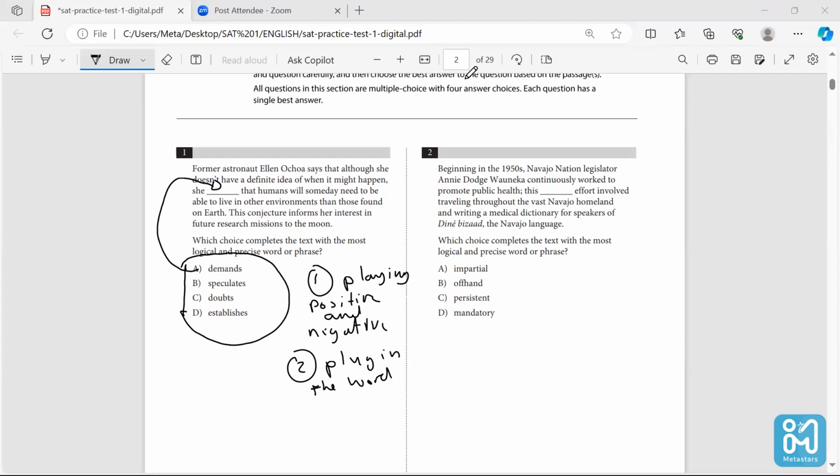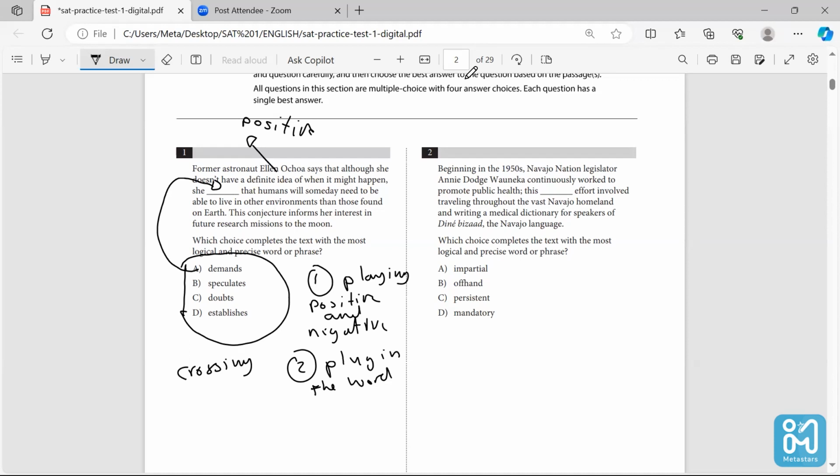Playing positive and negative, Ali, means that if the text has a positive meaning or positive context, I will cross out any negative words. That's what it means. You got that? Yeah, I got it. Thank you so much.